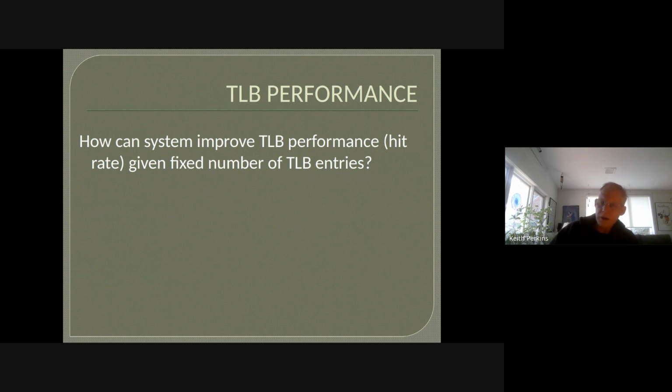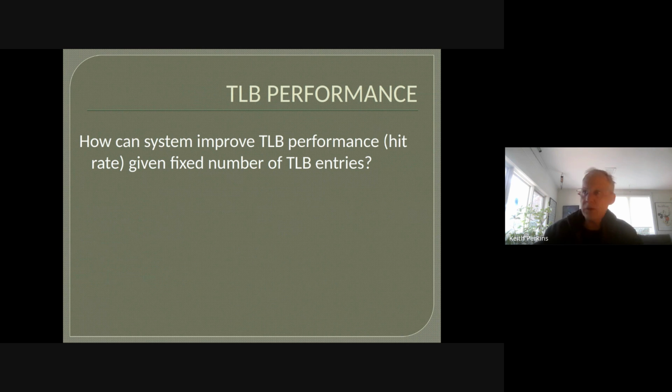So the larger your TLB is, the slower the access is. It's not much, but it's a little bit. And plus, there's a lot of other stuff going on in the CPU. So your TLB can only be but so large.